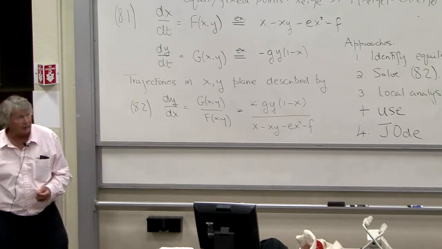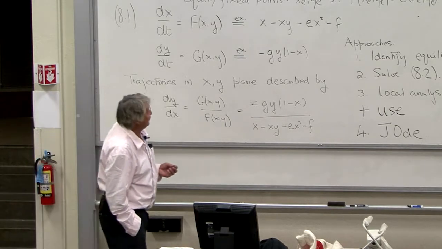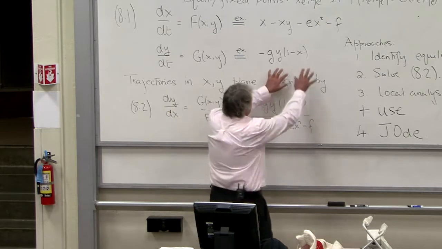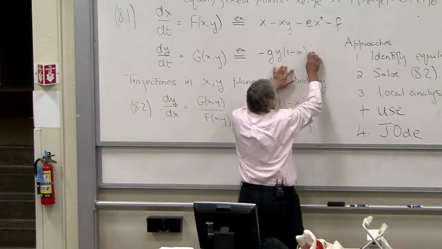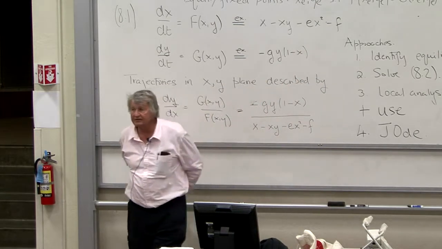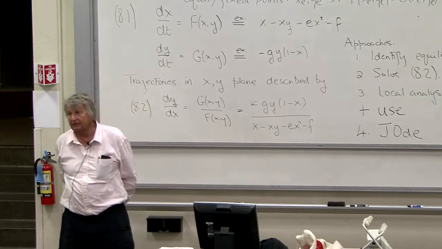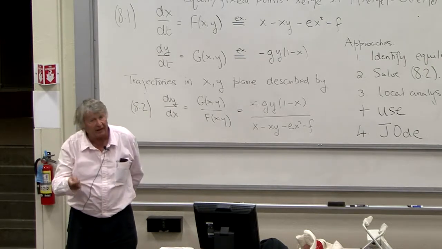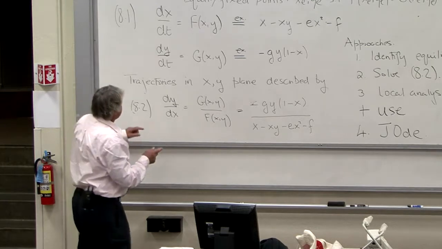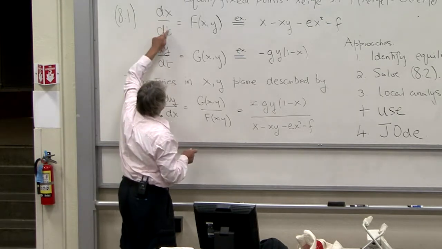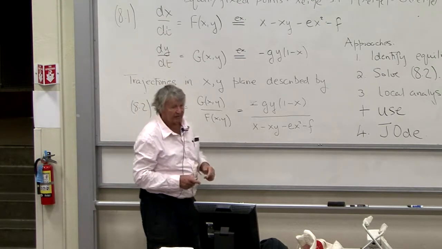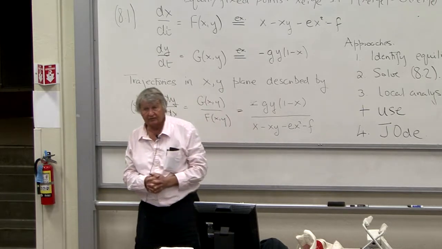Now, the first thing you try and do is you identify the equilibrium points. What are the points in the plane where these are both 0? Okay, so you want both the f and the g to be 0. Because if that's the case, then dx by dt is 0, dy by dt is 0, and x and y don't change.